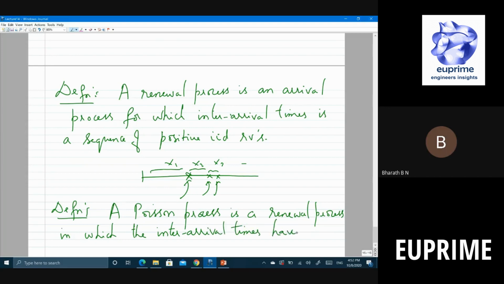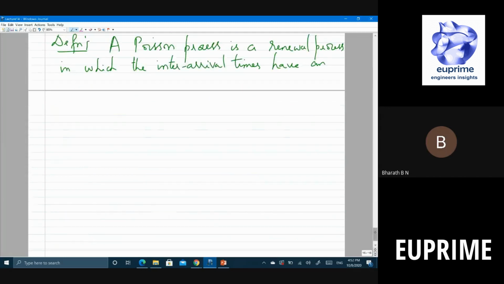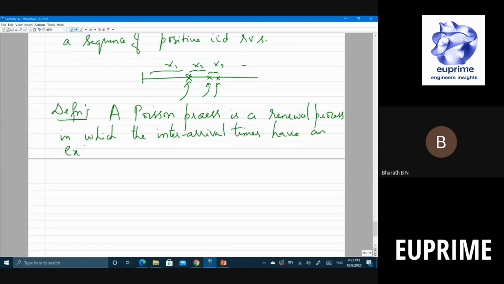Since it's a renewal process, inter-arrival times are independent, so I have to describe the distribution of just one of them, not all. They have an exponential distribution with some rate lambda.